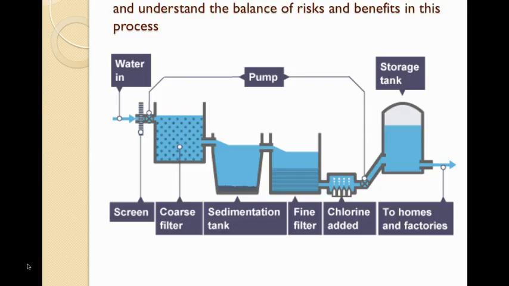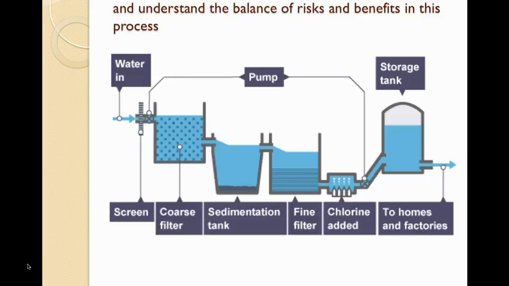This is a picture of how chlorine can be used as a water treatment. You can see that chlorine is added in the later portions of the water treatment process. And we will discuss in class each of these steps in water treatment.